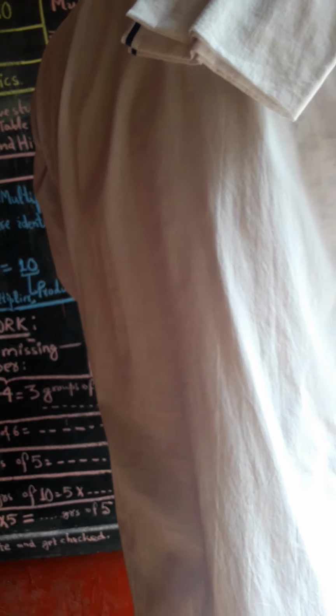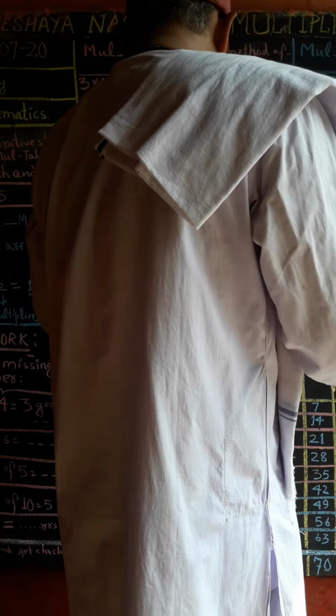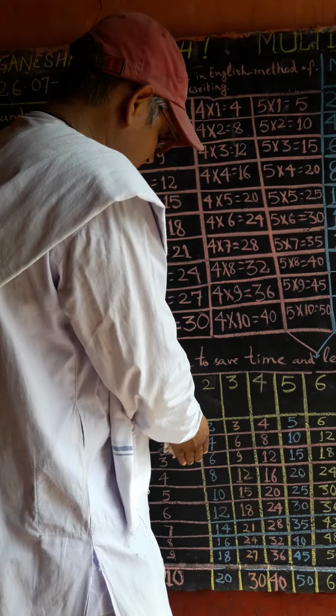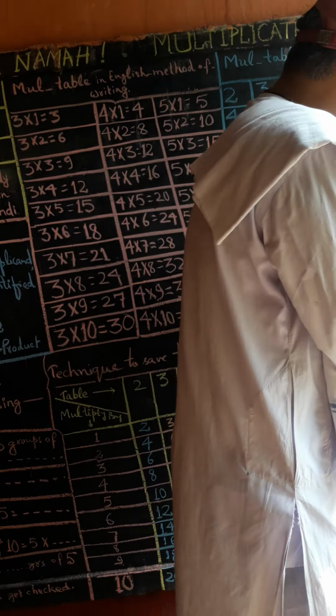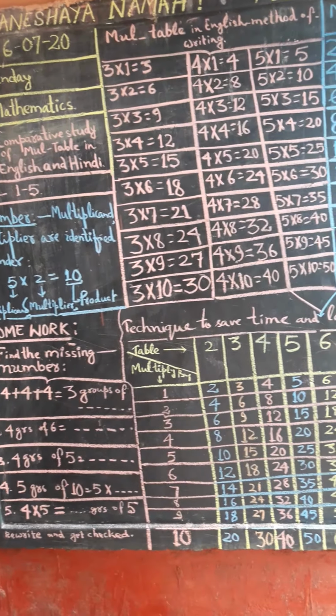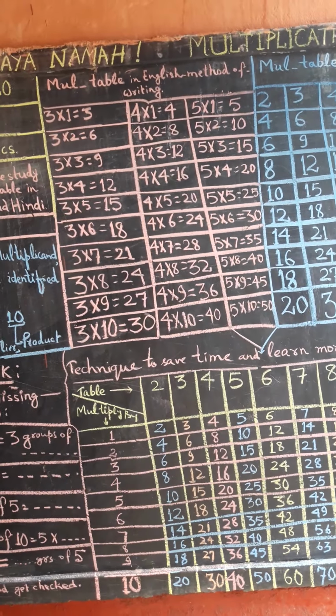In this way you can write and practice more and more multiplication table in very least time and in very least space. So in this way you can write up to 20 or 25.